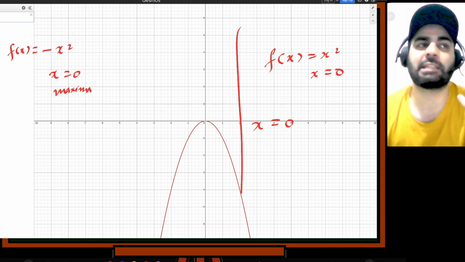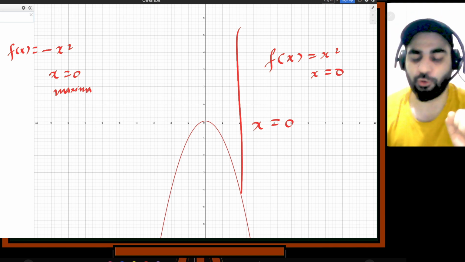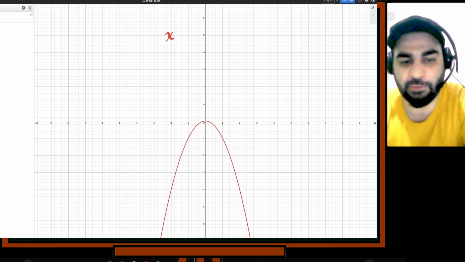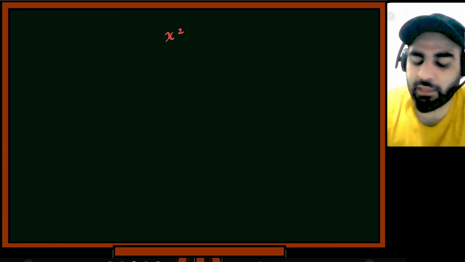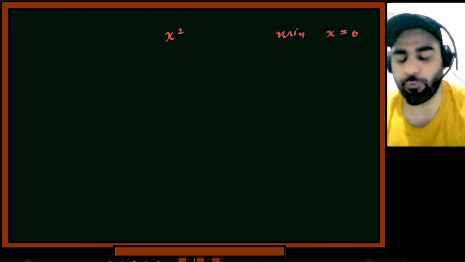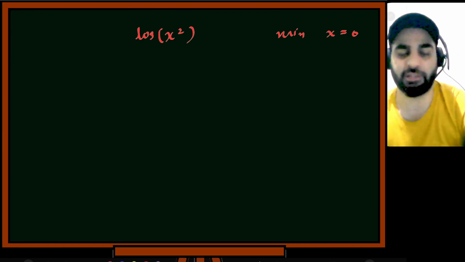So why am I discussing these things? Because let's suppose now I apply some function onto this, so I apply log of x square. We have the x square function, and you know now that the minimum of this function lies at x is equal to 0. If I apply log onto this function, log again is a function.